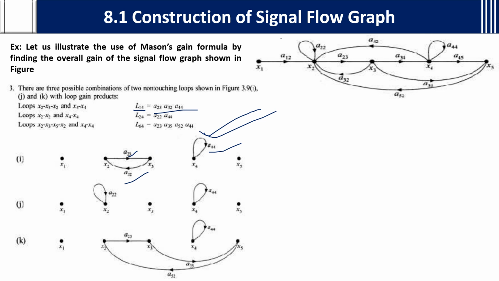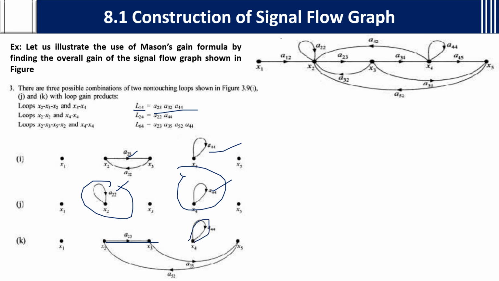Then the next non-touching loops: X2 self loop and this loop are also not touching, no common node. Again you can multiply A22 into A44. Again another loop, this loop is also not touching, right? So you will multiply A23, A35, A52 and A44.